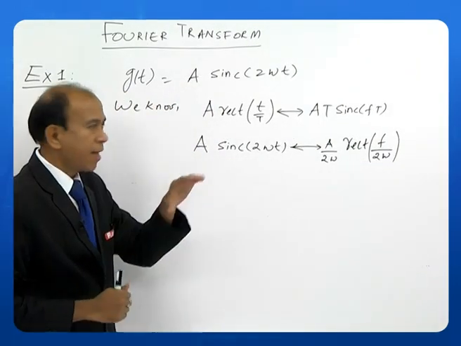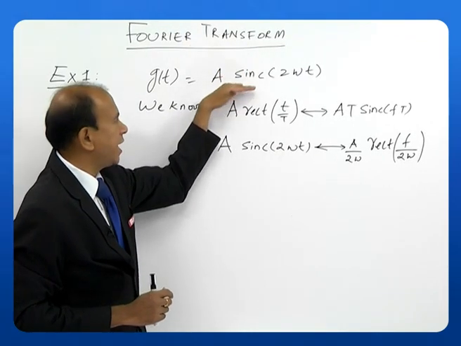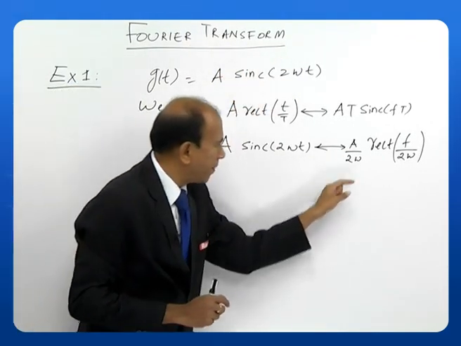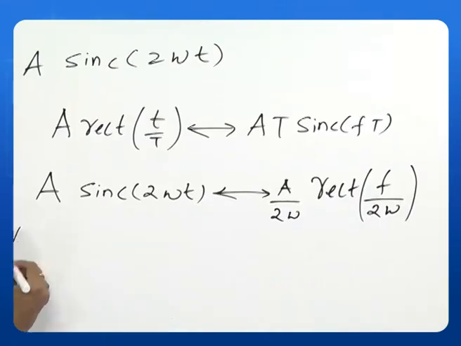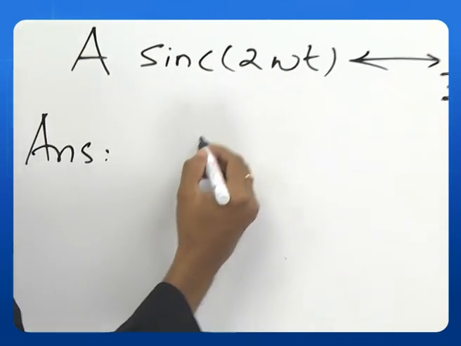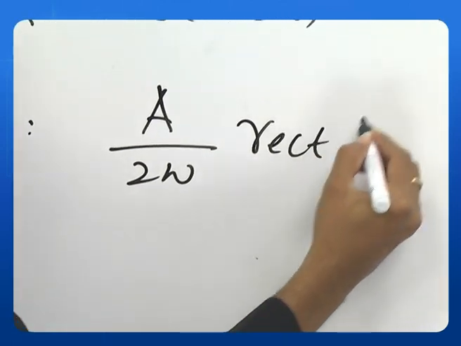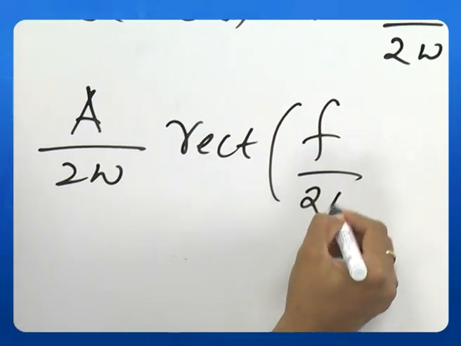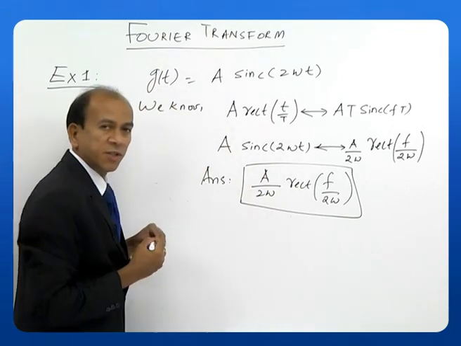So the Fourier transform of the function A sinc 2Wt is A by 2W rectangle f by 2W. So this is the answer for this question.